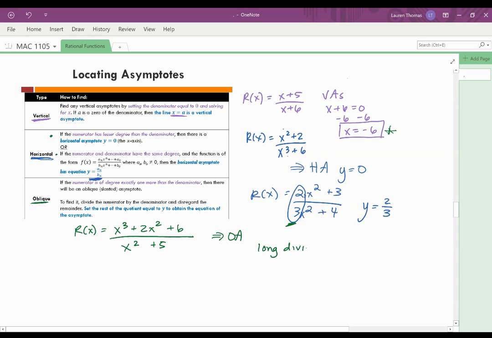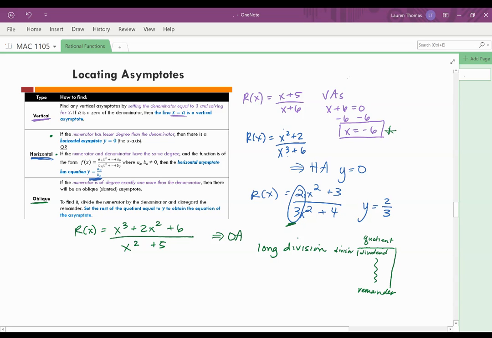So we've talked about long division in the past. Remember, you would line up your polynomials and do long division. The way that this is set up is that the divisor is on the outside, the dividend is on the inside, the quotient is your answer that becomes the top, and your remainder is what you're left with at the bottom.